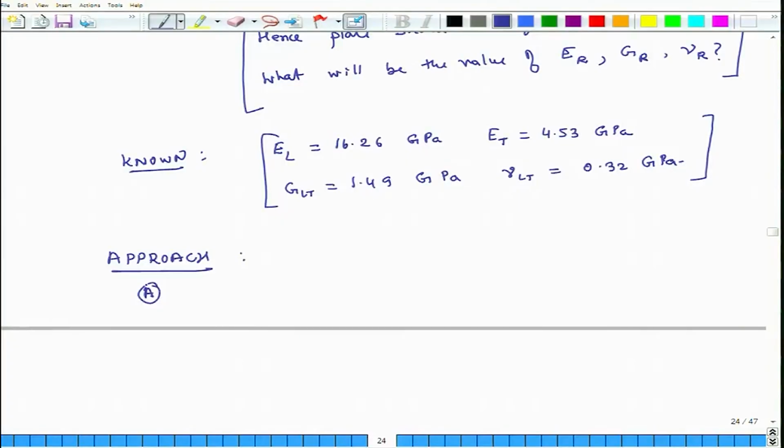A, first thing is construct a quasi-isotropic laminate.